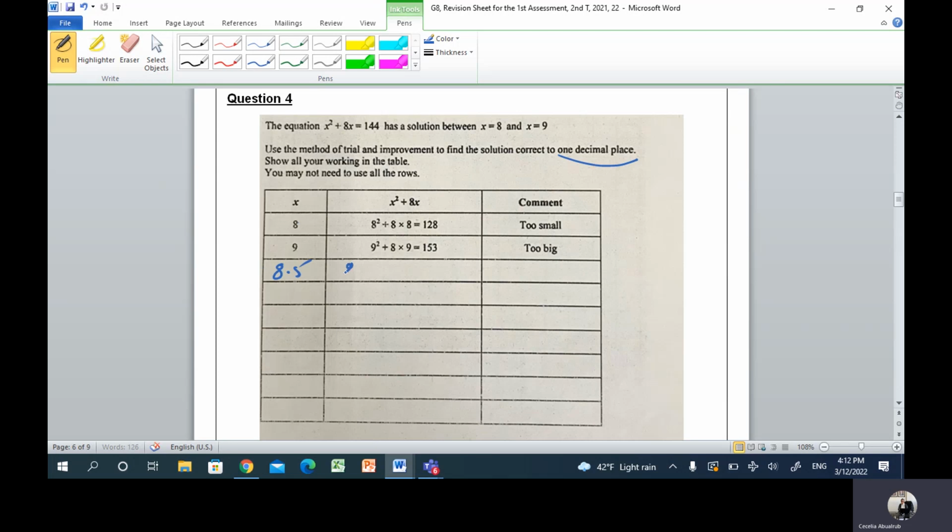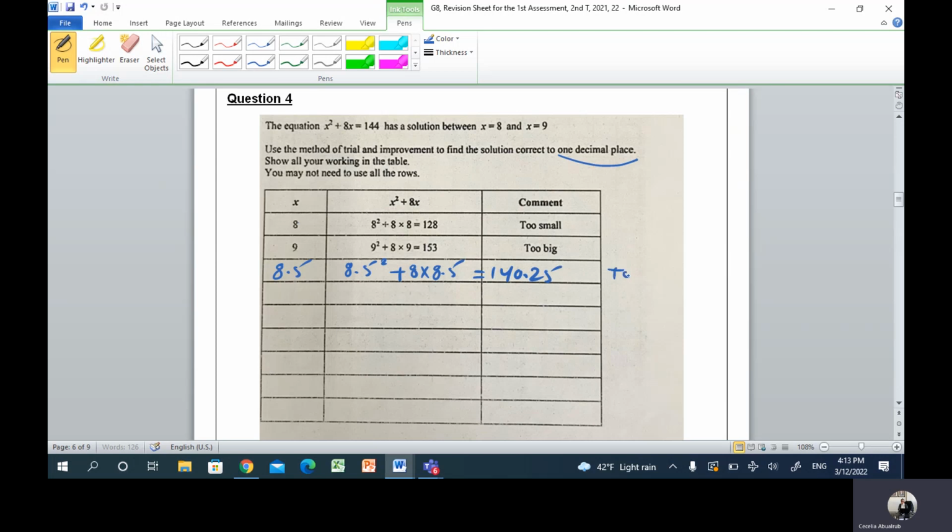So you will say 8.5 squared plus 8 times 8.5, so it's only substitution.